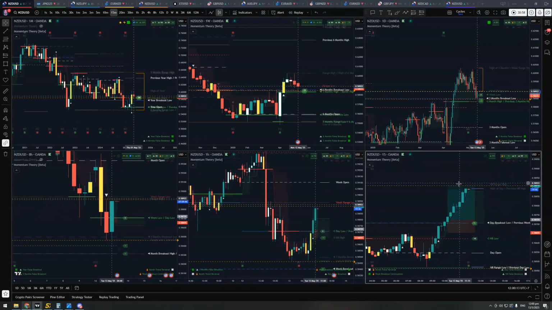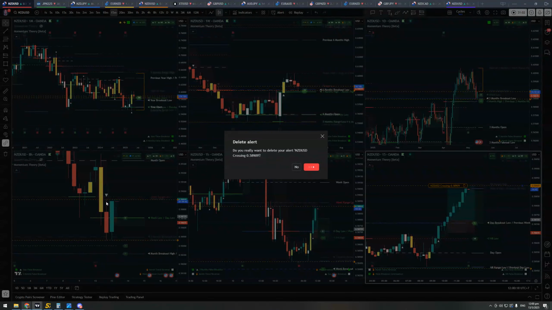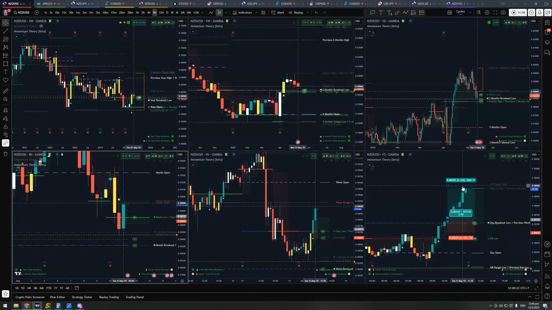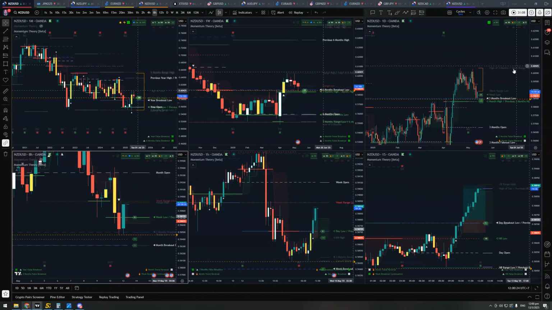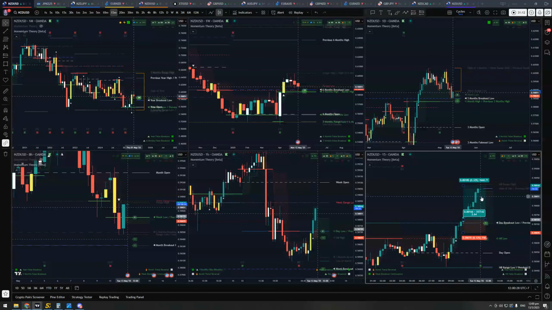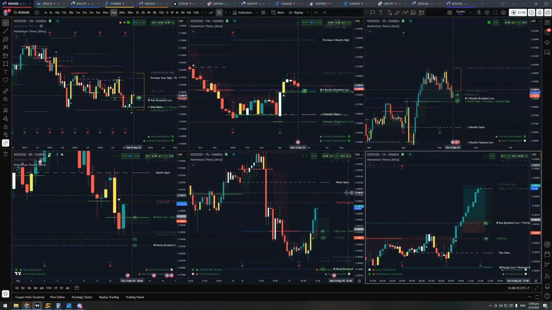Close enough to that previous H8 high. I don't want to be stuck in an inside bar. And taking my profits here, and that's it for the trade. So took just a little under 2.6 R, maybe 2.5 R, and done with Asia session.